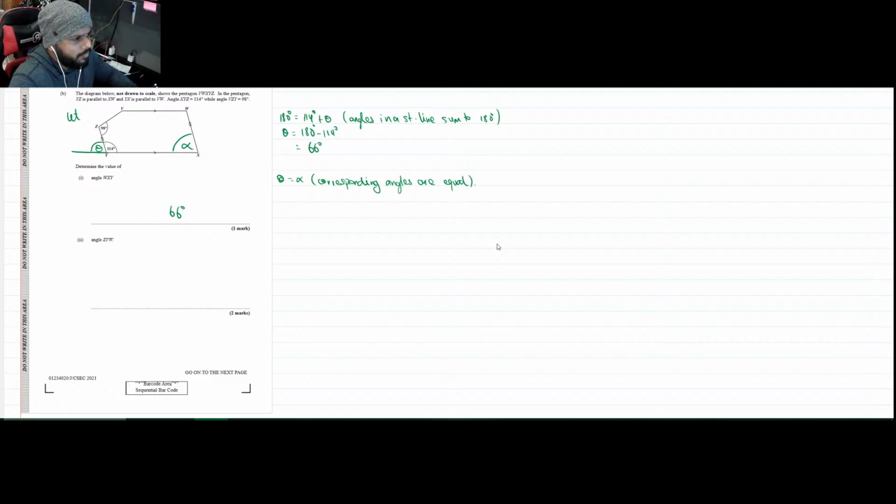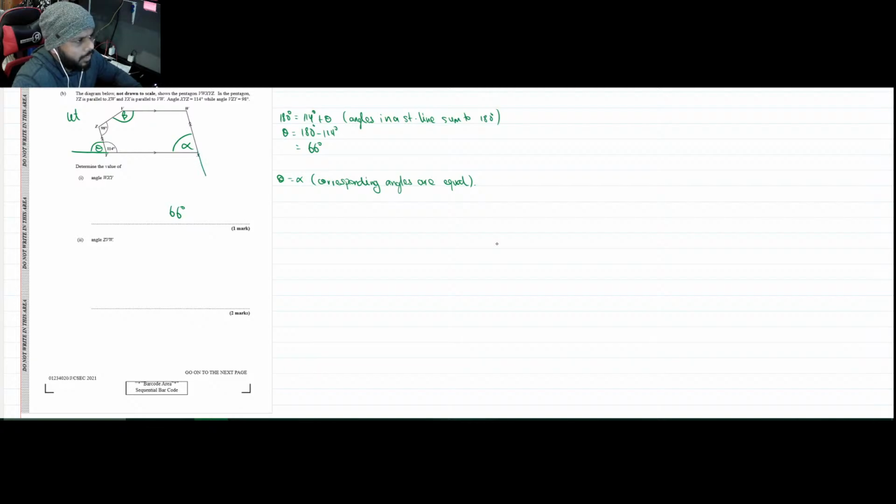Angle ZVW, that is this angle here. We could call this angle anything we want. Let me call it beta. Same thing again, I can extend this line here.